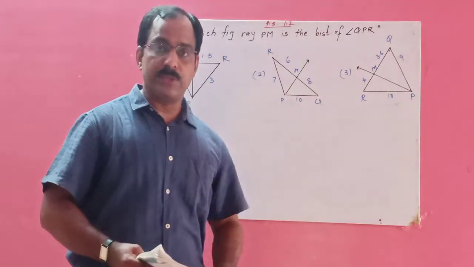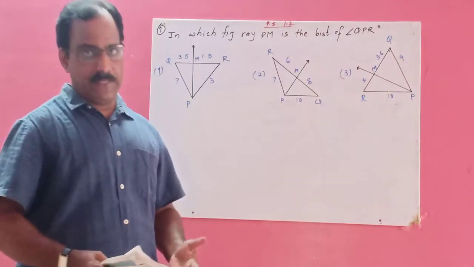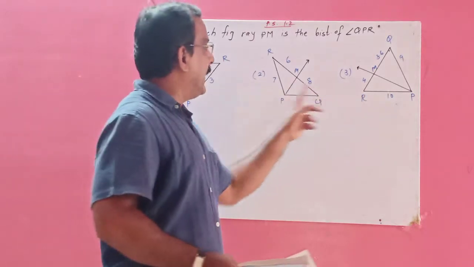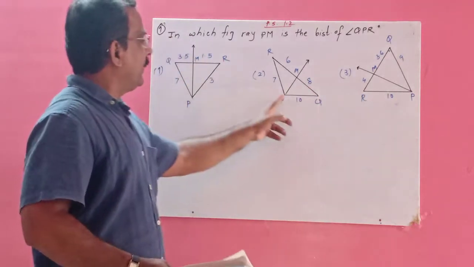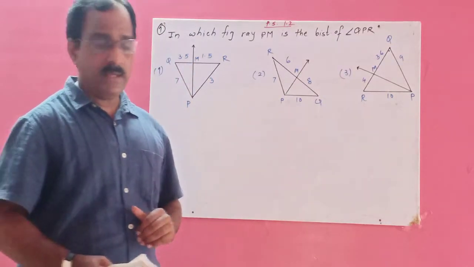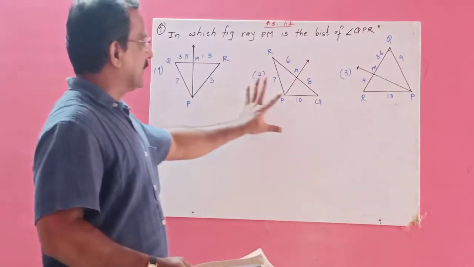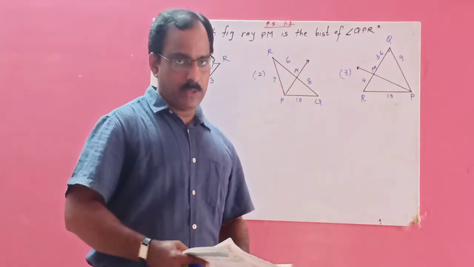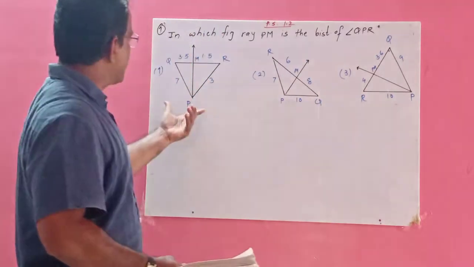But as per the question, we have to identify in which figure ray PM is the bisector. Okay, so I will do the first two sums and the third sum I am going to give you as homework. See now, first sum.